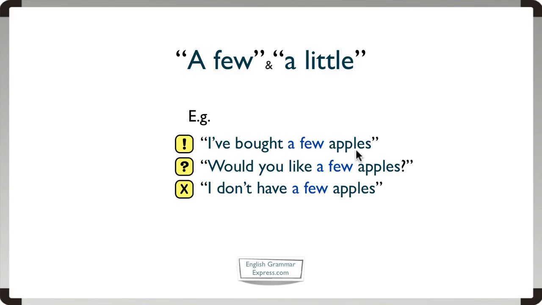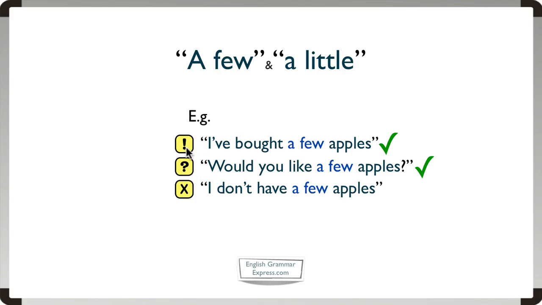And the answer is, yes, it does. A few is fine with positive statements. How about in the question? Can we say, would you like a few apples? Does this work? The answer is, yes, it does. A few is fine with question sentences.